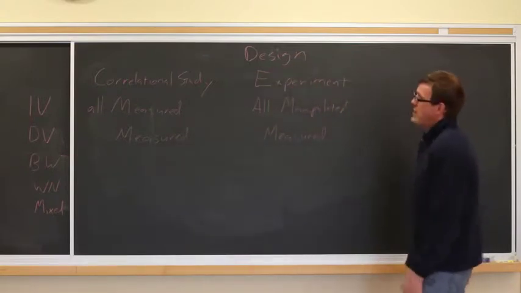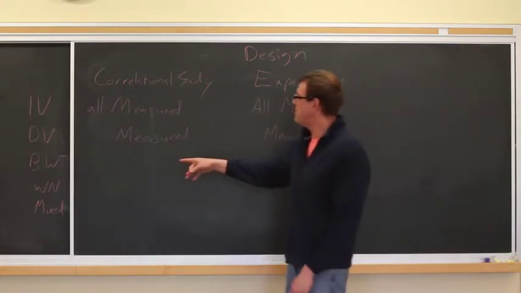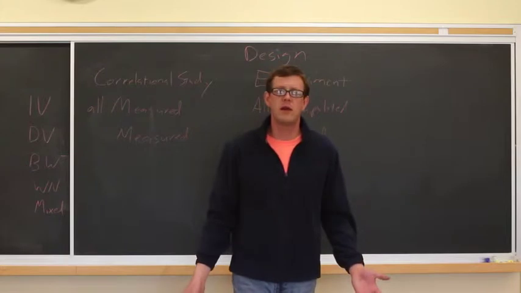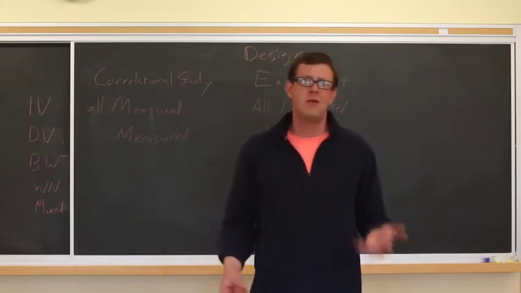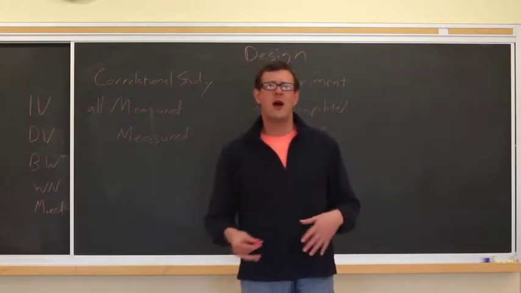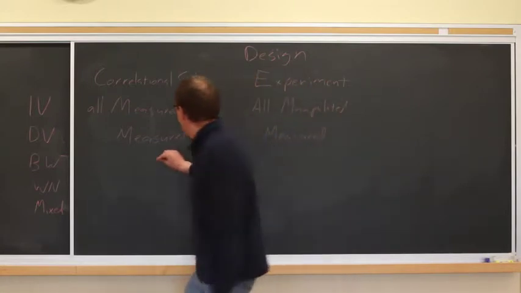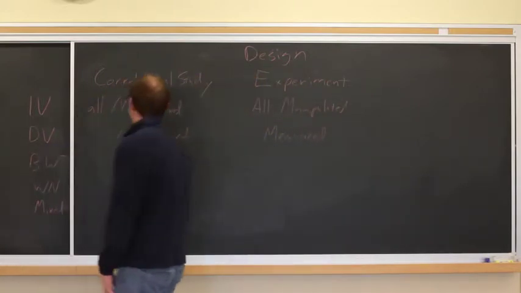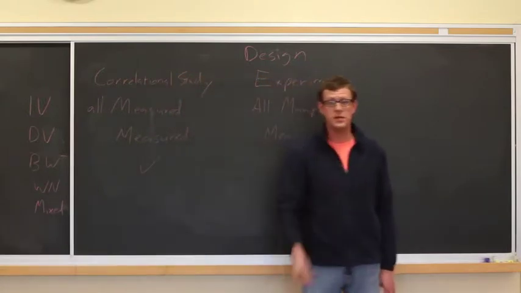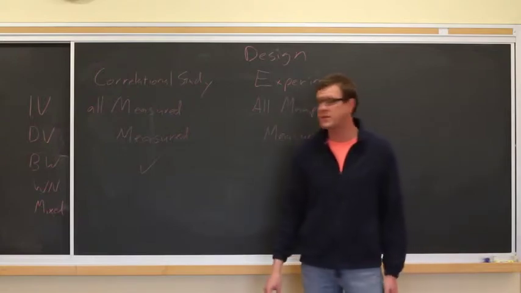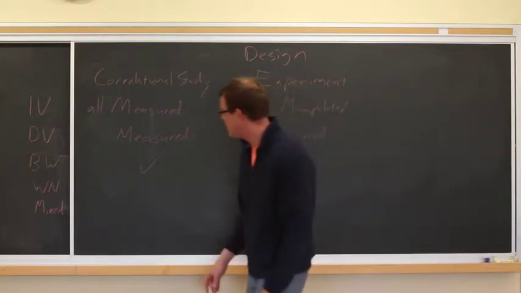All right. So, between subjects. Can we do a between subjects correlational study? Well, absolutely. If we want to look at any difference based on religion, ethnicity, gender, political preference, those are all between subjects designs. So, yeah, we can do between subjects designs with correlational studies. For experiments, can we do between subjects designs?